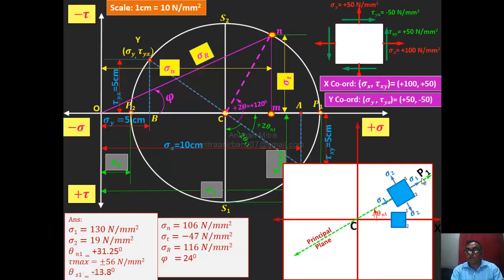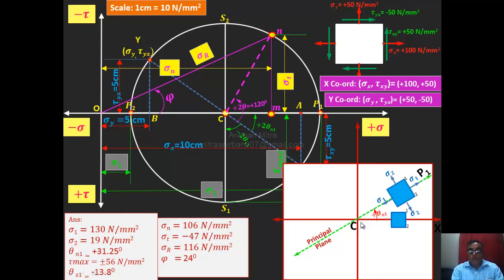On the CP1 plane, whatever the major principal stress is applied is called the major sigma 1, and perpendicular to that is called sigma 2. So this CP1 plane is called the principal plane. Here on this plane the maximum stress is produced, and on the other one it is again maximum, at a 90-degree angle only.